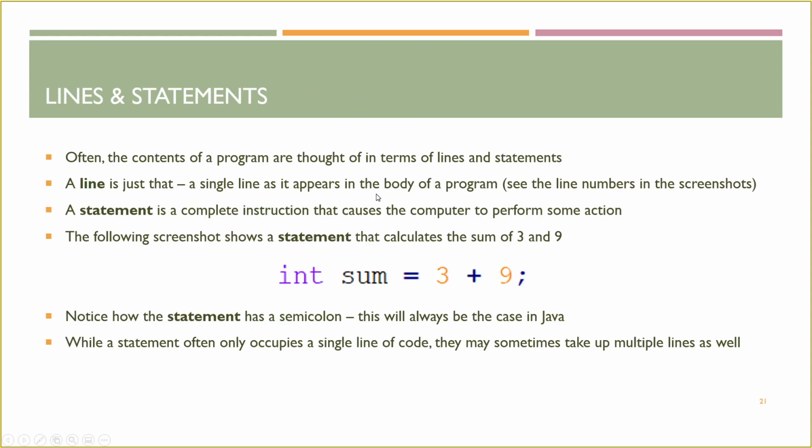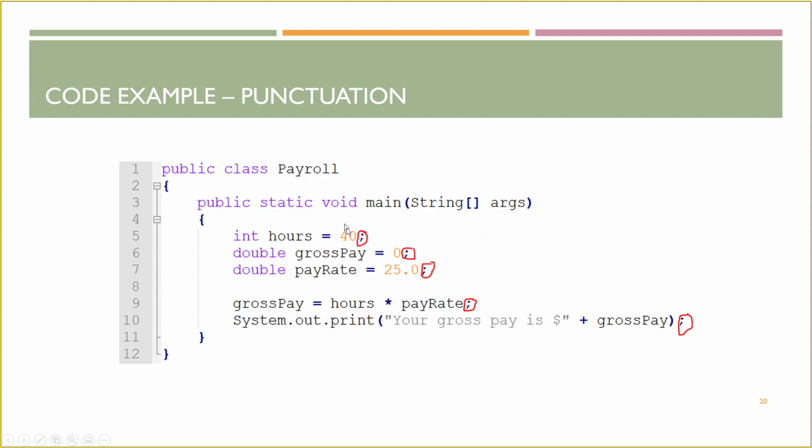A statement is a complete instruction that causes the computer to perform some kind of action. This screenshot shows a statement that calculates the sum of 3 and 9. So in Java, our programming statements will always have a semicolon. So if you're wondering, is this a statement or is this a line? If it has a semicolon, that means it's a statement. I'm literally telling my computer to do something specific, right?